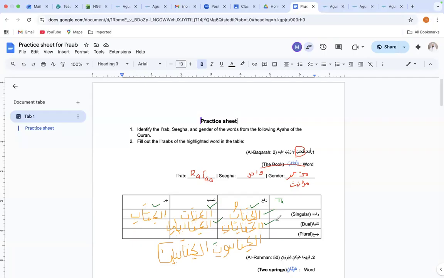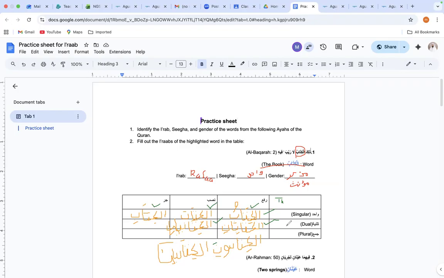Kitabani, because it's in the dual, so the two books. And kitabuna, the books, means many books. We don't have tahdid, we don't have any limit to it. So in the dual, the two books, the two pens, the two believers, the two Muslims. In the state of plural, the Muslims, the books.